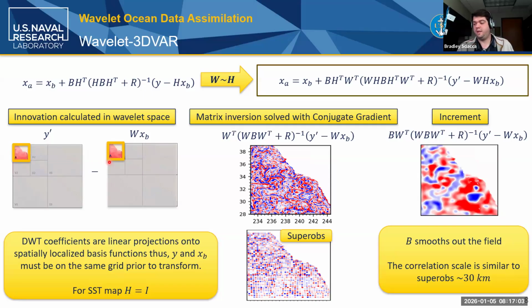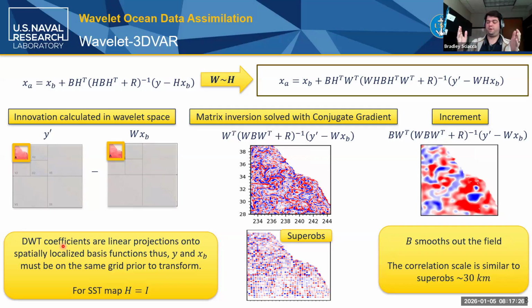But there is one caveat here, which is that the observations and the model background need to be on the same grid prior to transforming. And that's because these coefficients, when you perform the DWT, or the discrete wavelet transform, it's really a linear projection onto these spatially localized basis functions.